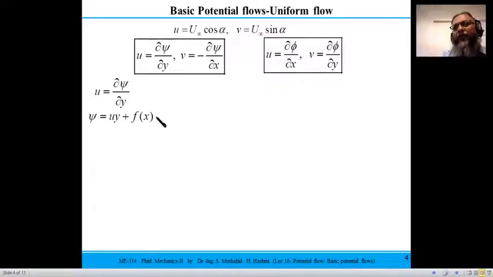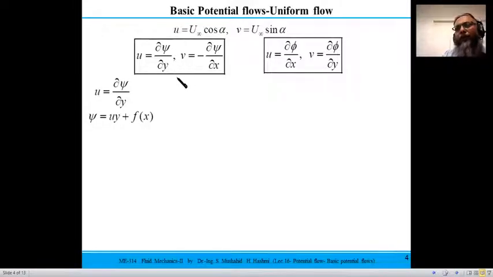So I separate the variables and integrate. So psi would be u times y plus some constant. Since we are integrating with respect to y, the constant of integration would be some function of x. So I know the stream function just by integrating.